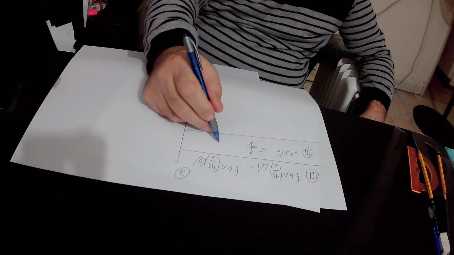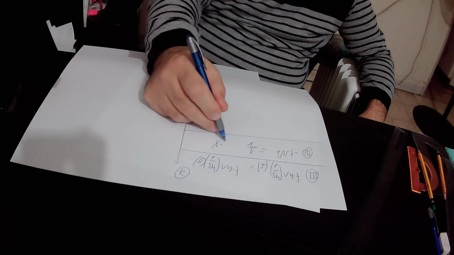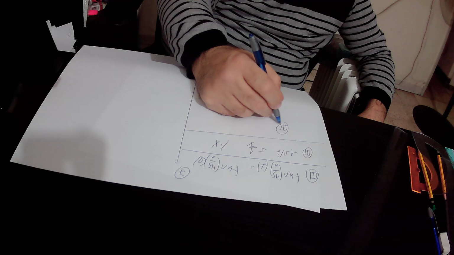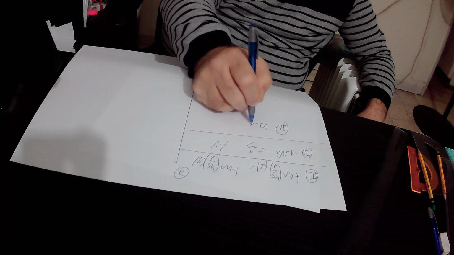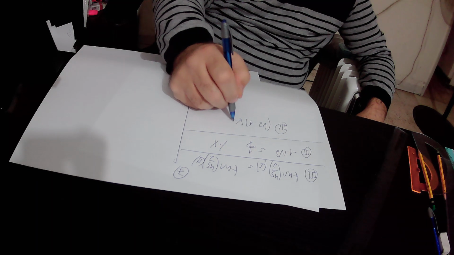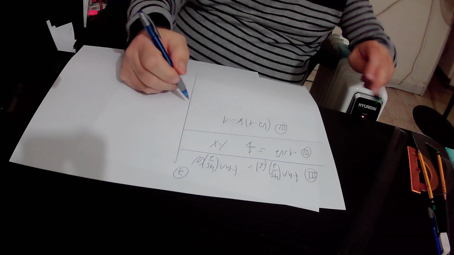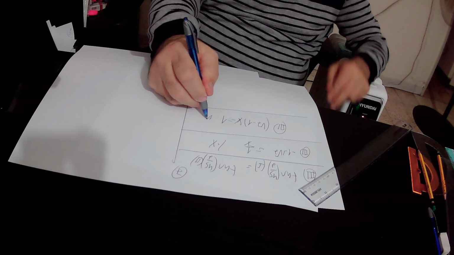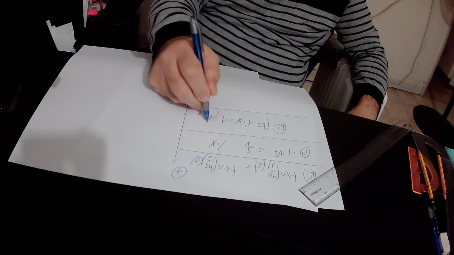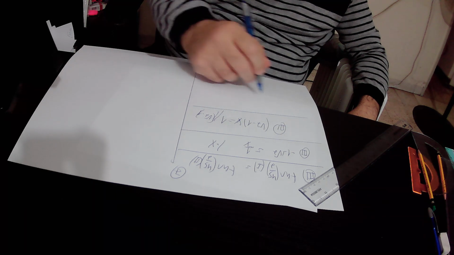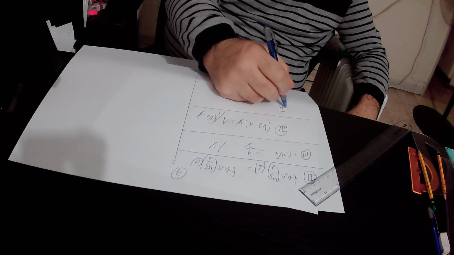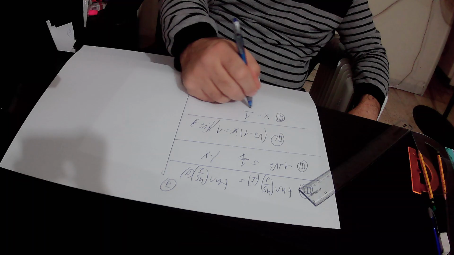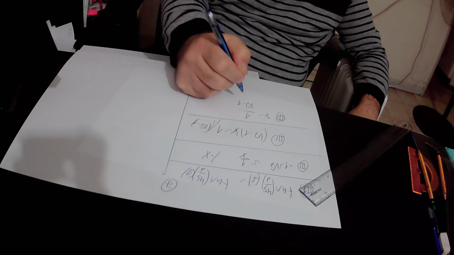Here we multiply equation number 3 by x, and finally we get that square root of 2 minus 1 times x equals 1. Here we divide equation number 3 by square root of 2 minus 1, and we get that x equals 1 over square root of 2 minus 1.